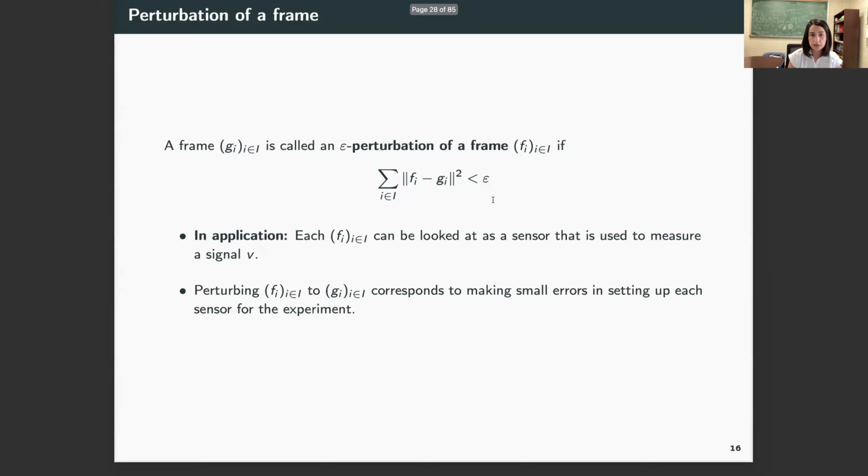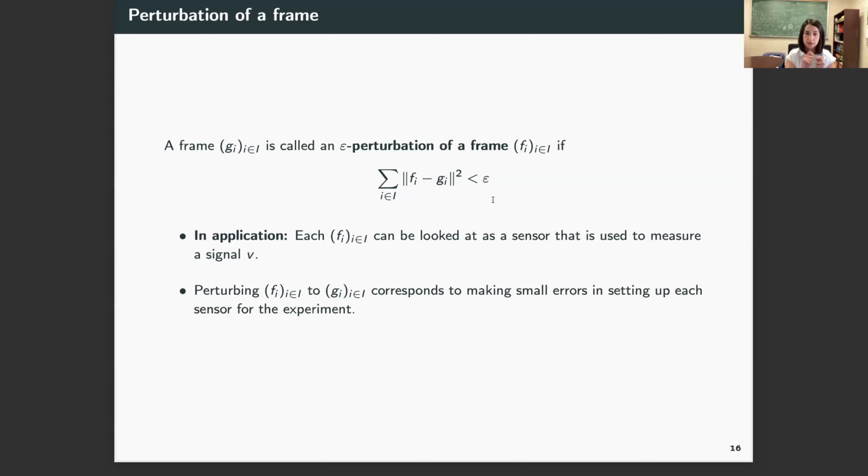And what does that mean? In application, each f_i can be thought of as a sensor that is used to measure a signal v, and perturbing this, going from f_i to g_i, corresponds to making small errors in setting up the sensor for the experiment.